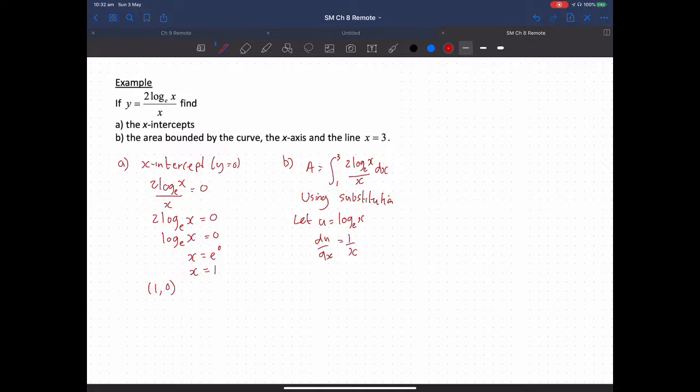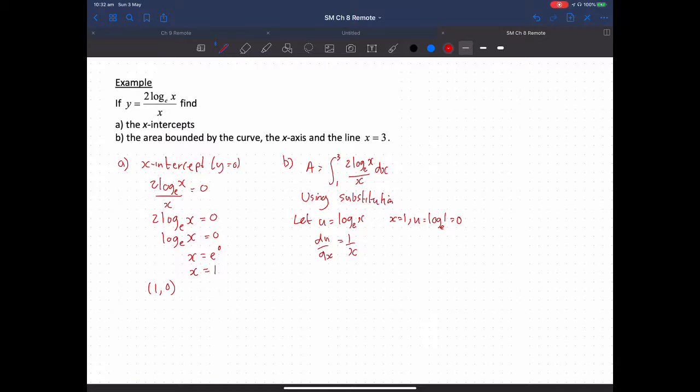We also have the terminals to take into account. We have a lower terminal of x equals 1, which means that u will equal log e of 1, and log e of 1 is 0.